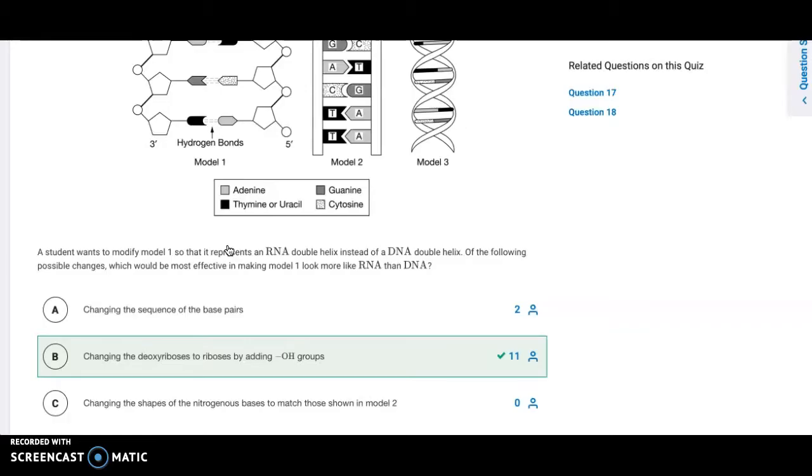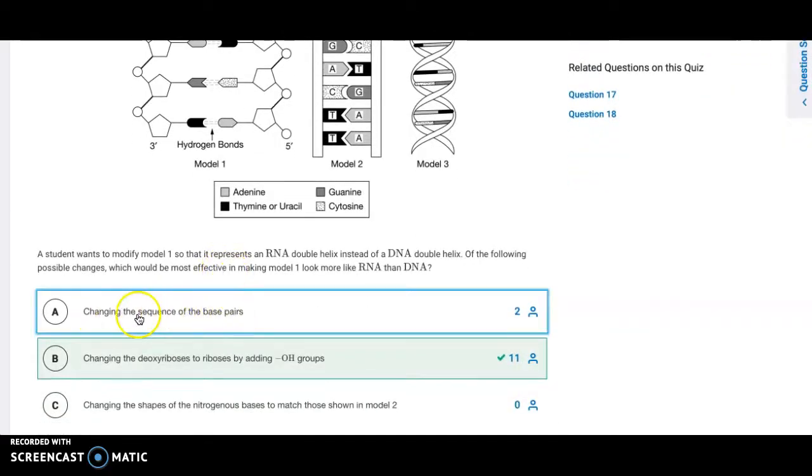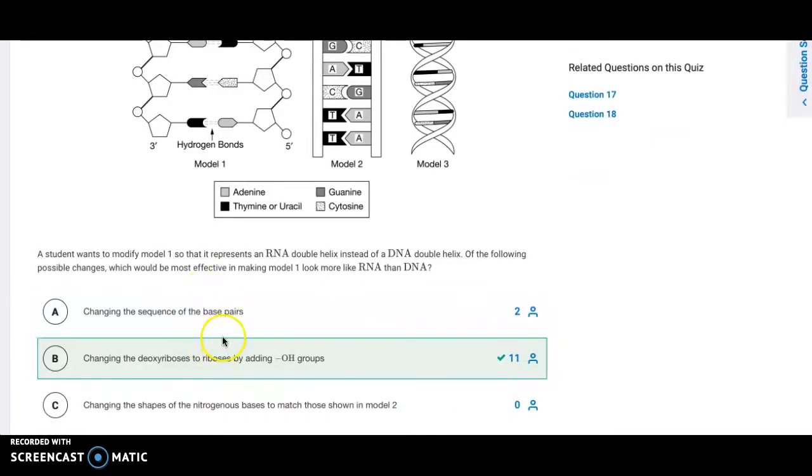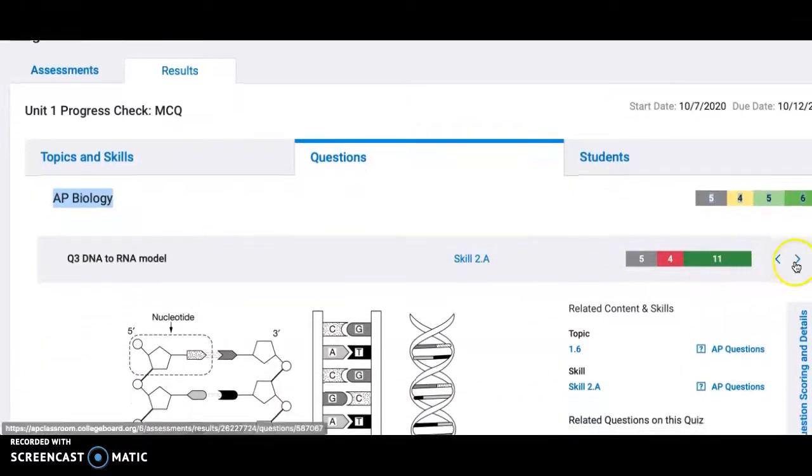Now, if you replaced the thymines with uracils, that would be part of changing it to an RNA molecule, but not changing the sequence, right? Changing the type would change it. Now, if that option said change the thymines to uracils, then you wouldn't be able to tell whether B or that one was correct. Those would both be correct then. But in that scenario, only B is a correct answer.